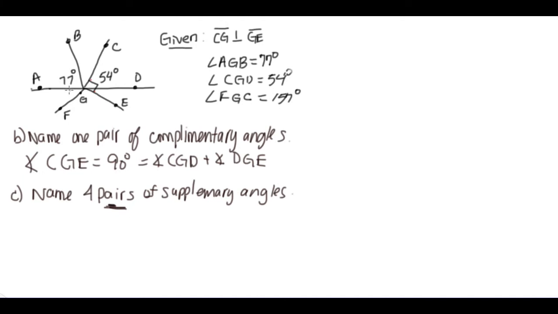So a pair could be angle AGC, right? We're looking at, ultimately we're going to have angle AGD equals 180, which equals angle AGB plus angle BGD.